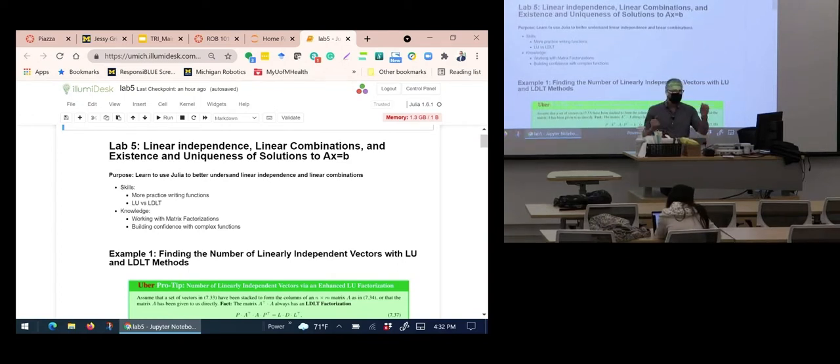So we're going to go through examples that show you where LU fails and how a refined version of LU factorization, where the U is written as DL transpose, does allow you to count precisely the number of linearly independent vectors, and also how using the permutation matrix allows you to take vectors that are independent, dependent, and all mixed up, and by reordering the columns of the matrix, move the independent ones to the front.